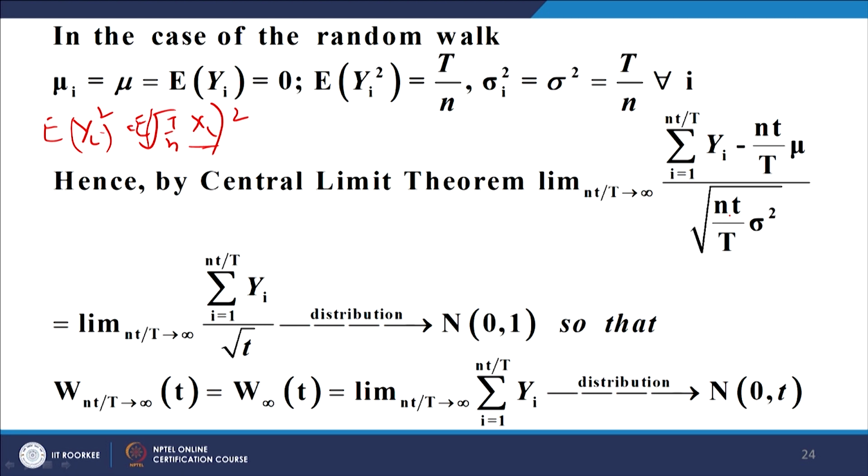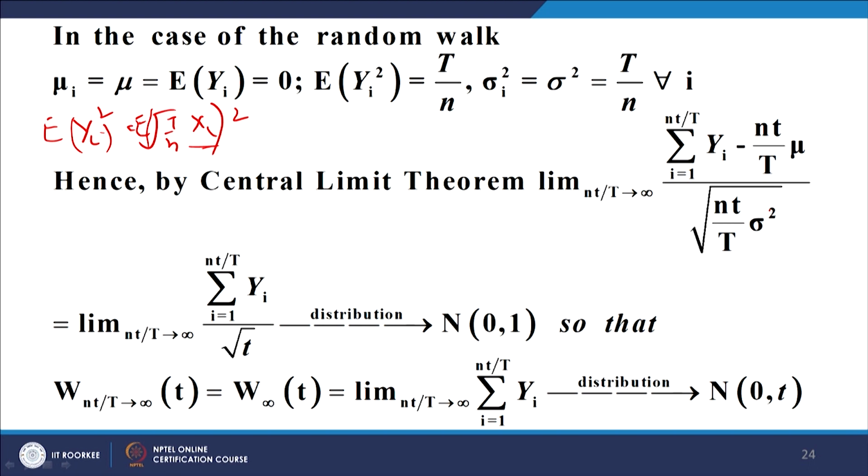Recall that we are talking about an arbitrary length in the Brownian motion evolution, or in the evolution of the random walk. Arbitrary length corresponds to the number of steps being n t upon capital T, and therefore, instead of n we are using n t upon capital T, and we are simply going to substitute the values.